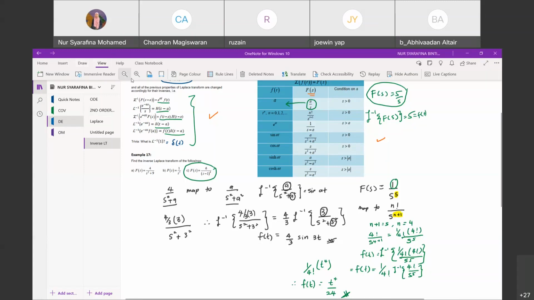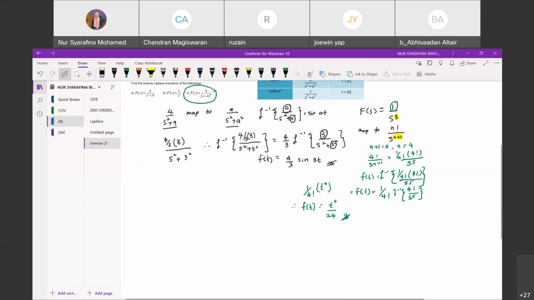Any idea? Sine is s squared minus a squared, but for this one it's s only.